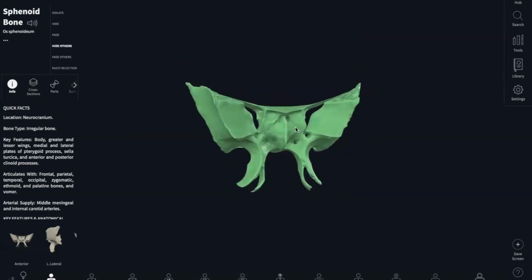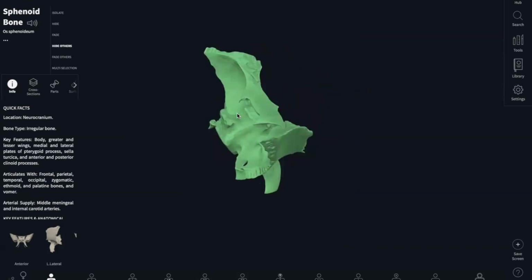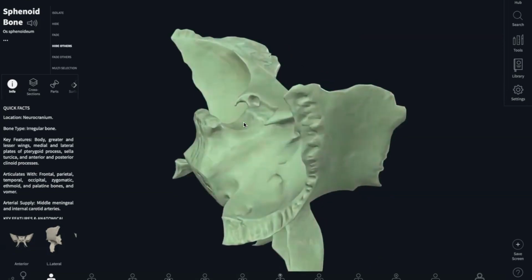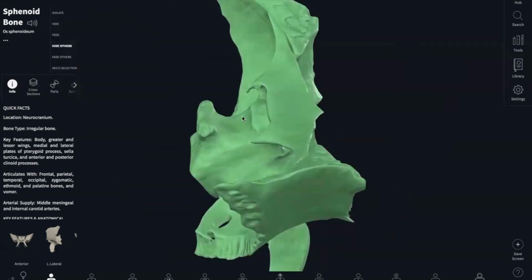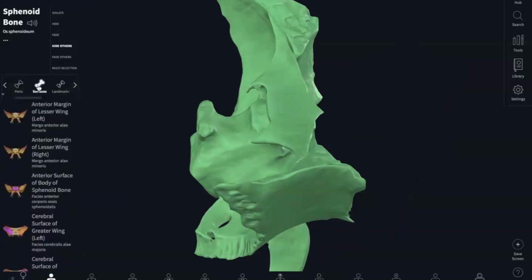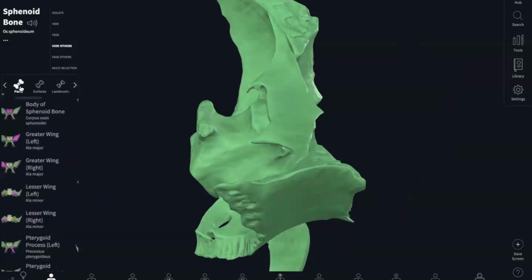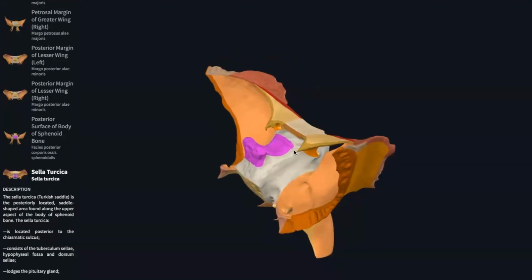The markings that you're going to need to know are, number one, the sella turcica. It's right here. It's posterior in the sphenoid bone. It's this area right here. And sella turcica means Turkish saddle. It looks like a saddle. So here it is, the sella turcica highlighted in pink.